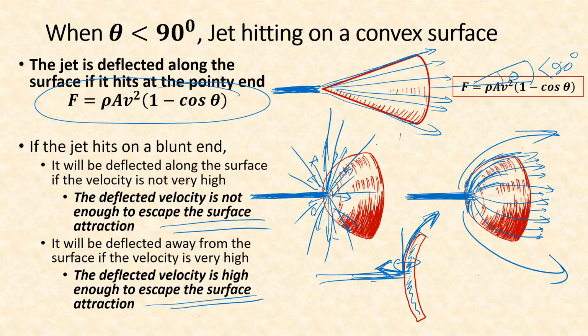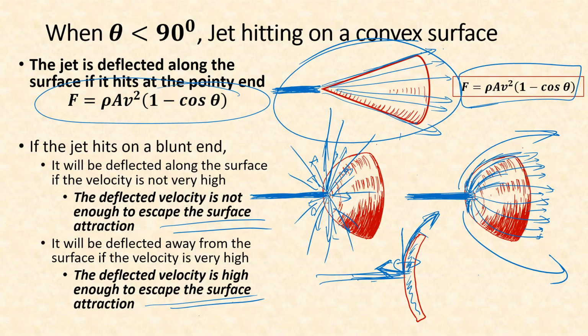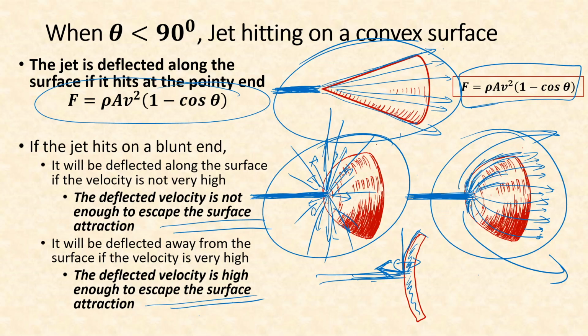And therefore the force in this case, in case of a pointy end, it was easier. The force was simply given by this formula. But in these cases, if the surface is curved, then it will depend on how the water is deflected. If it is deflected like this, then the force will be less.